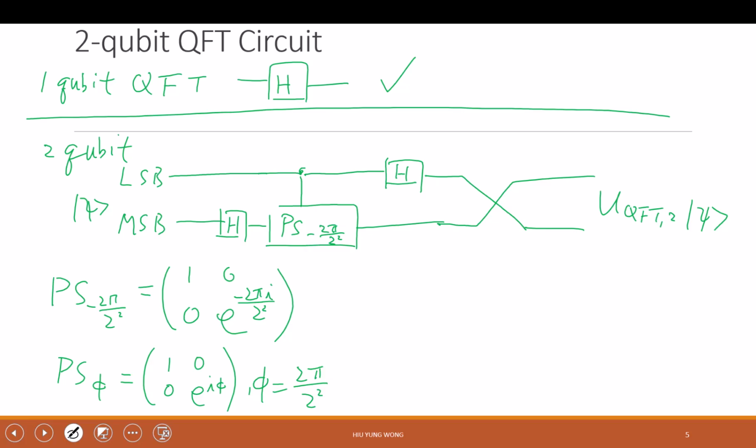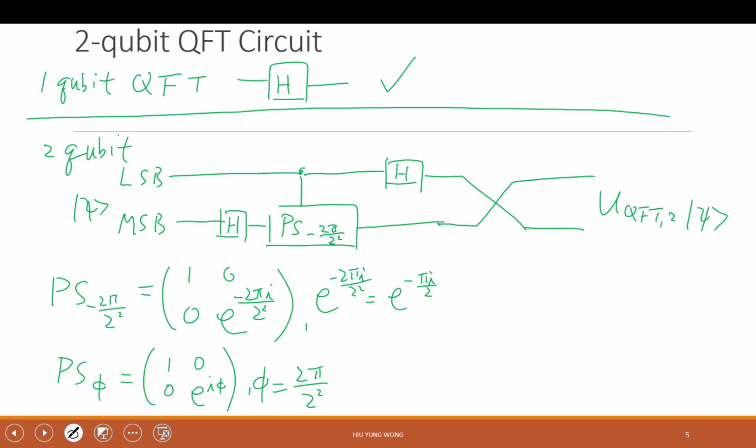Is that okay? This is the phase shift gate. What is e to the power negative 2 pi i divided by 2 squared? It is equal to e to the power negative pi i divided by 2, right? 2 divided by 4. You may ask, why put 2 to the power 2 instead of 4 at the beginning?